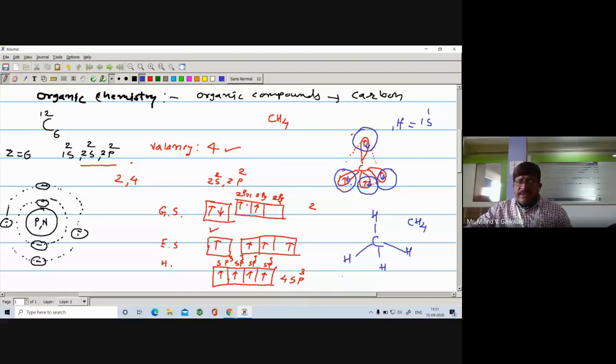They have different energies, so they undergo hybridization, and you are getting sp3 orbitals. Look here, I have written 4 sp3. You'll see there are 1, 2, 3, and 4, so this 4 means 4 sp3. Okay, so this is your organic compound.